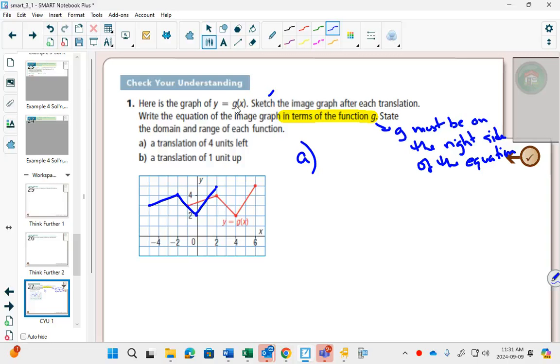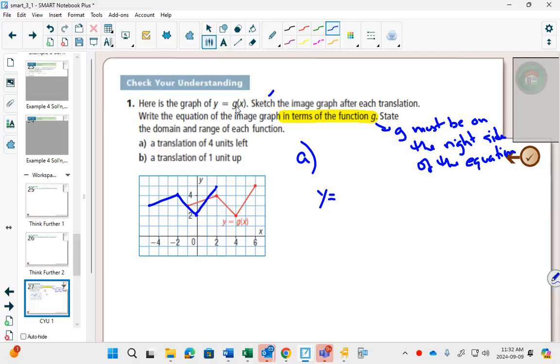So how do I write an equation for this graph? The original graph was y equals g of x. That's the red one. My blue graph is the same graph, but it has been moved to the left. Moving left and right is horizontal, that's with x. X's are liars.